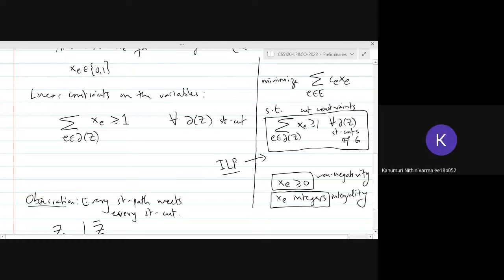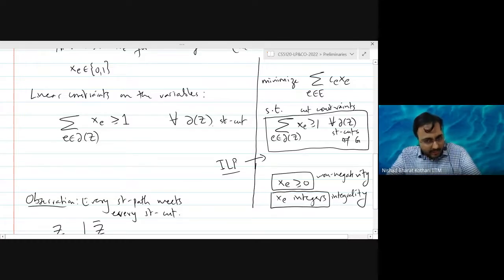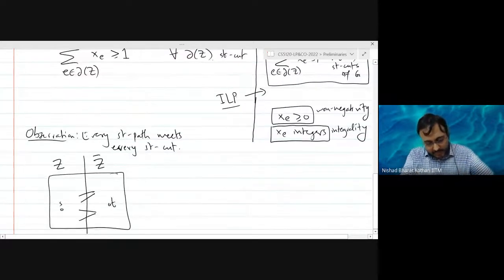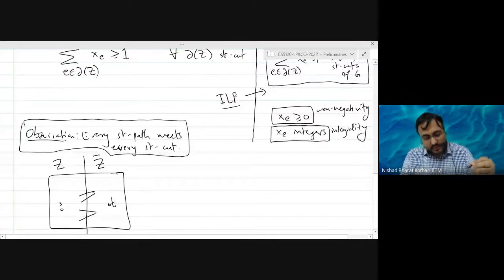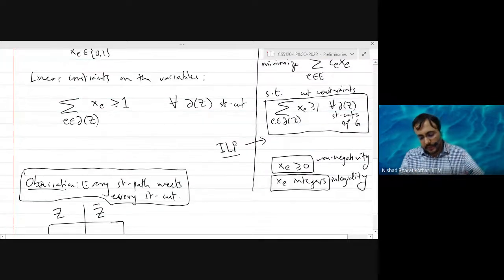It should be, right? Everything is non-negative because everything is 0 or 1. All of them are integers. You just need to look at every ST cut. And this observation is telling you that every ST path meets every ST cut. So because you have an ST path, for all ST cuts, it will use at least one edge, and therefore the cut constraints will also be met.